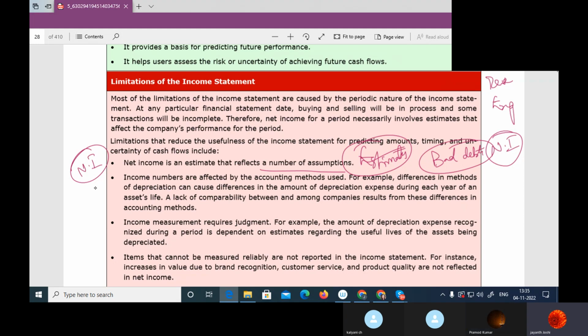No, no standard in the world tells you how much you should estimate as a bad debt. Your accountant does it with the experience of what he's been seeing since many years. But you know, suppose I estimated that tomorrow there will be rain, but if tomorrow there is no rain, then my assumption is not a realistic assumption. In the same way, whatever estimates they make are not exact ones, those are approximations.